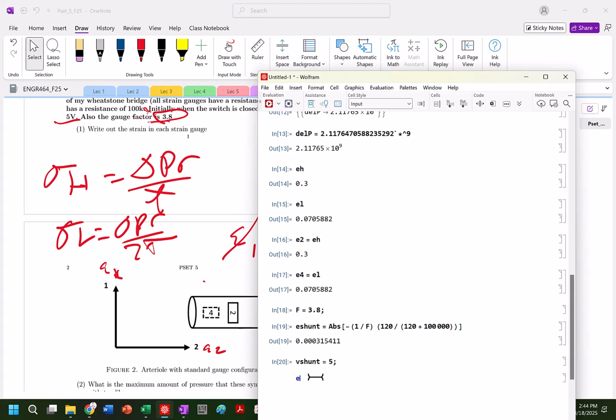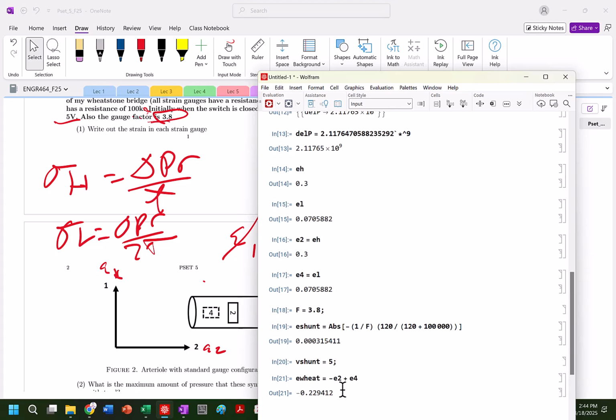So now E wheat is just going to be minus E2 plus E4 in that configuration. Basically, right here, it's going to be E2 plus E4.